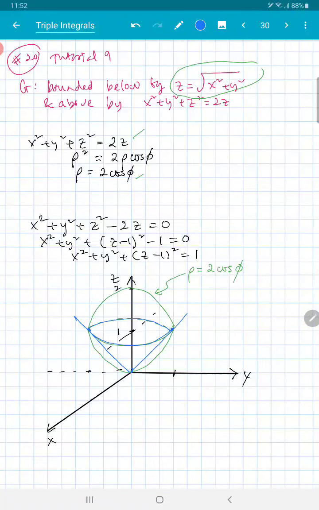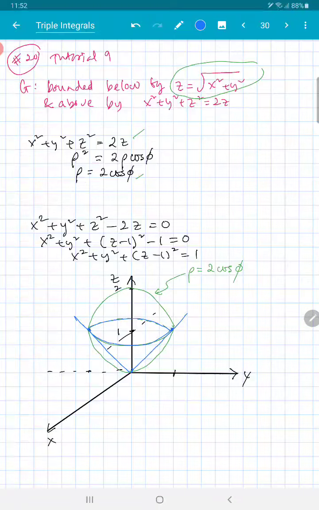I'm going to erase the bit that is not part of the solid, because our solid G is bounded below by the cone and above by the sphere. So this is not part of the solid, this is not part of the solid, and this is not part of the solid either.